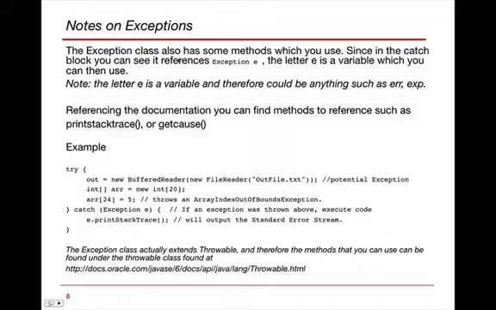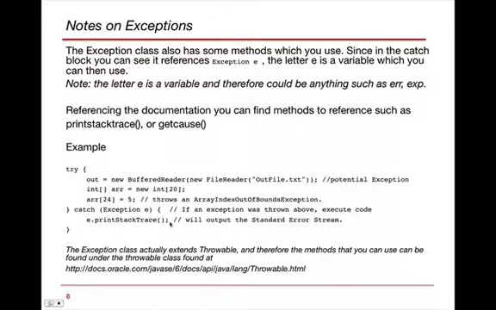Finally, the Exception class has methods that we can use. Again, the letter e is a variable, and we could basically use anything like err or exp. But within the Exception class, which again comes from the Throwable class, and you'll see the code down here if you'd like to see what functions you can use, we could reference a couple of methods like printStackTrace or getCause. So inside of the exception block we might say e.printStackTrace to tell me what is actually going on, so that I can see on the console what error you actually have.